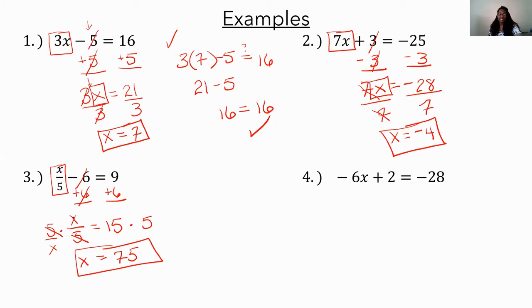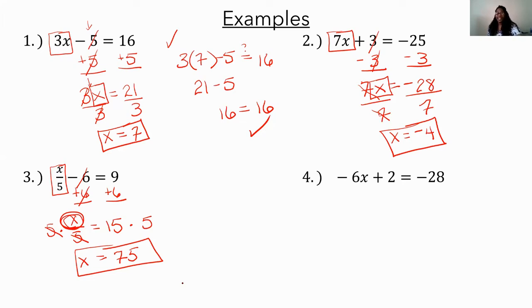But since x is on the numerator and that's what we're trying to isolate, it's going to be tough for us to do the reciprocal when our x is in the numerator, okay? If there's a number in the numerator, yes, use the reciprocal.